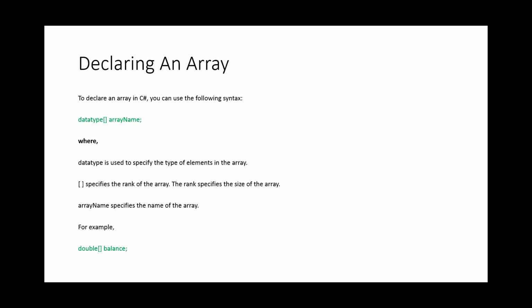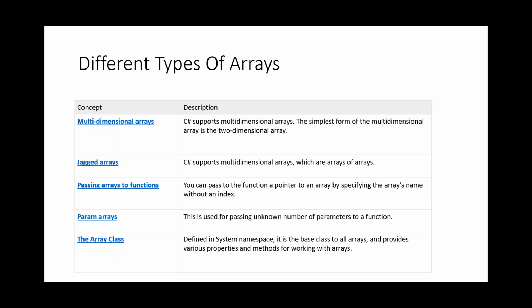That's the purpose of these square brackets. Different types of arrays are multi-dimensional arrays, jagged arrays, and passing arrays to functions. You can have an array as a parameter to functions.